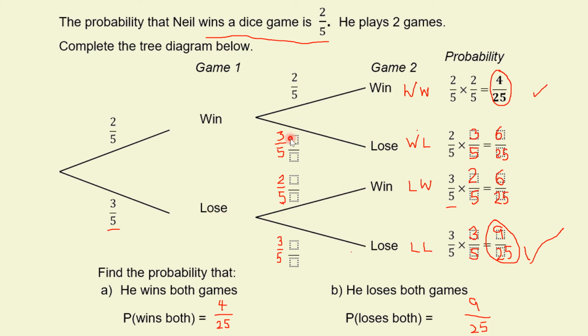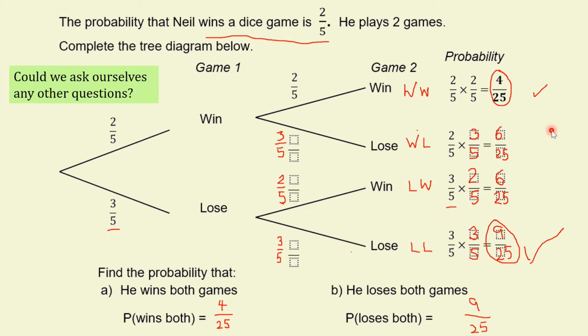Fill in the probabilities again on the branches, and then multiply along the branches to get the probability of ending up at each one of these 4 points. So for this one, 3/5 times 2/5 is 6/25. The diagram does the work for you, just like on the sample spaces.